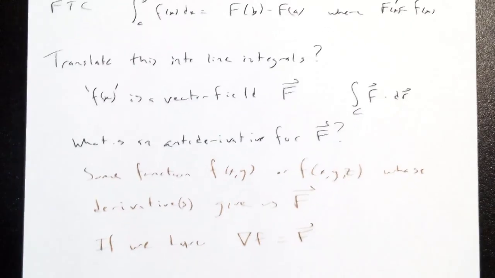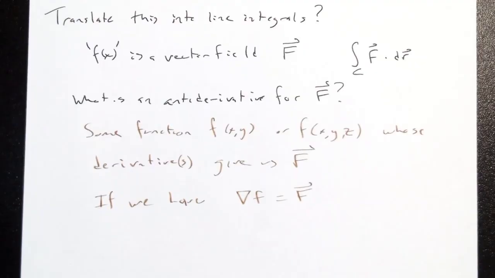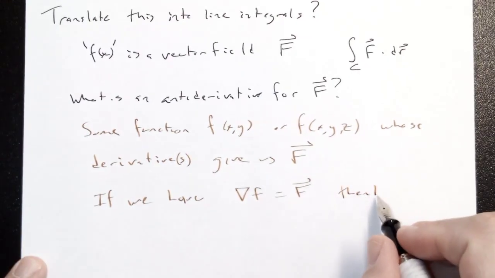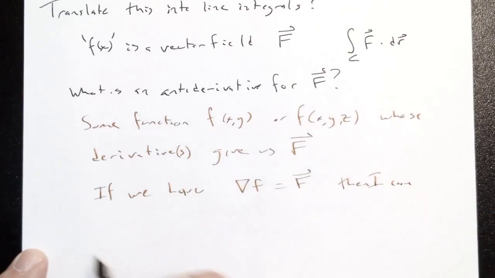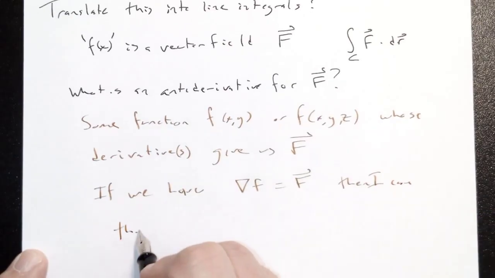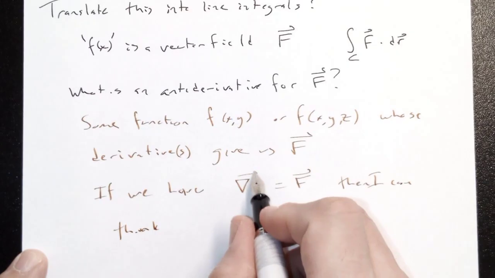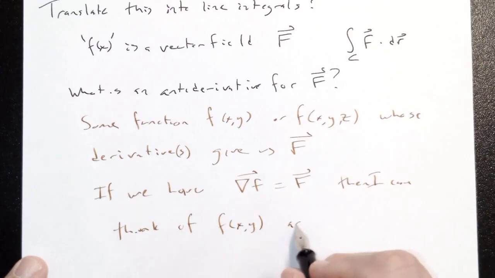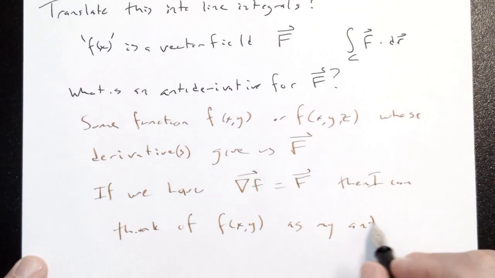If I think of my gradient as this derivative idea, actually, I was writing that for my gradient, right? The gradient vector field. Then I can think of this function as my antiderivative.